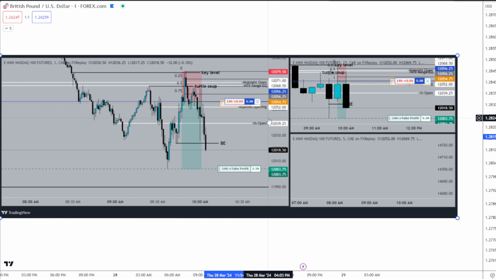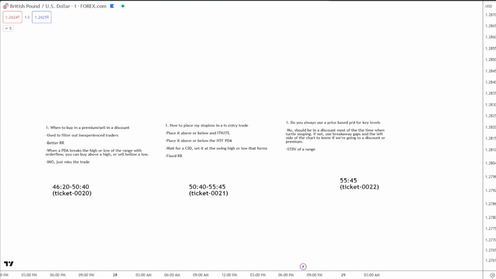I'm not really sure what this question is asking, because it should be the same soup no matter the time frame. I'm not sure what it's asking, so if you could send that question again, ticket 22, I'll answer it.